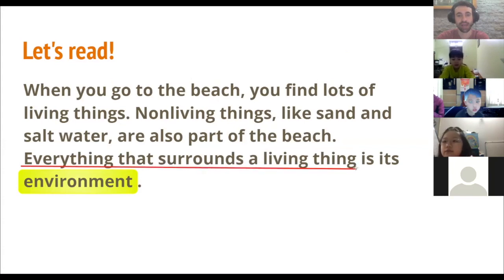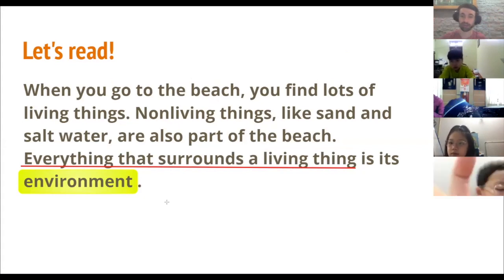But this also has another meaning. And that's why it gets confusing. In this context, it's only the stuff that surrounds a living thing. But in science, we also learn the environment as being the big, like, people always talk about recycling helps the environment.